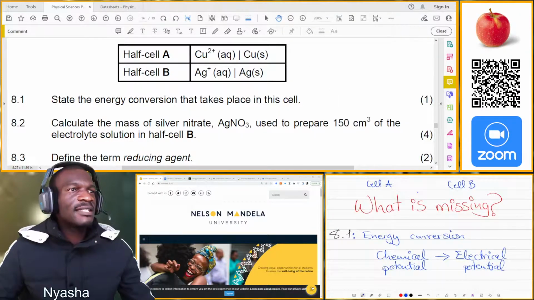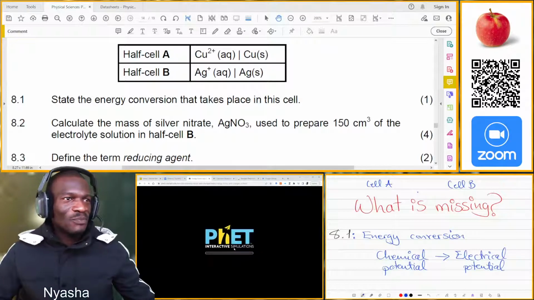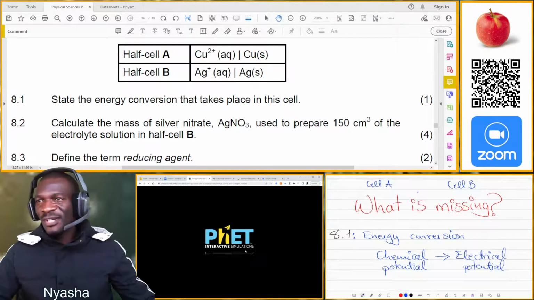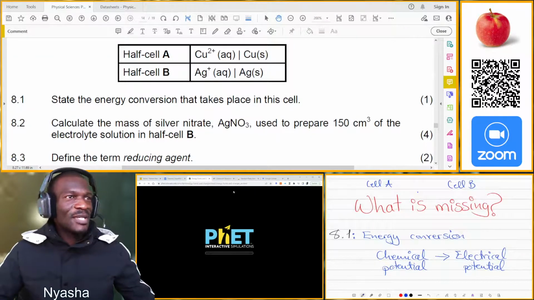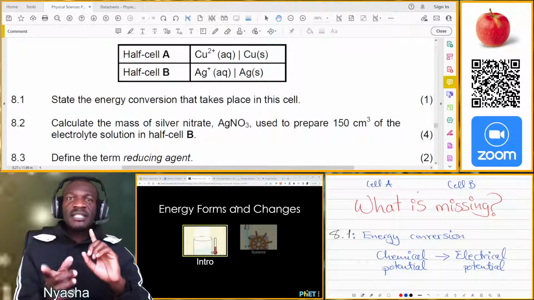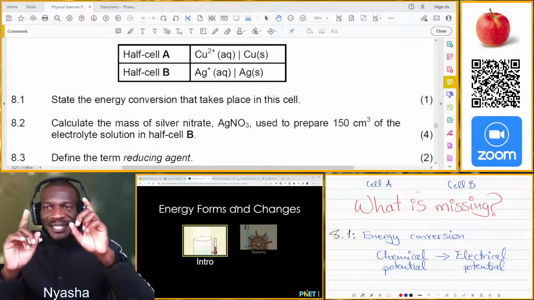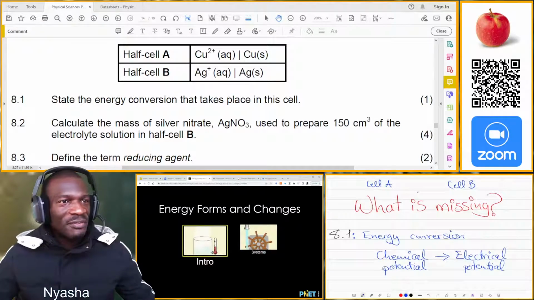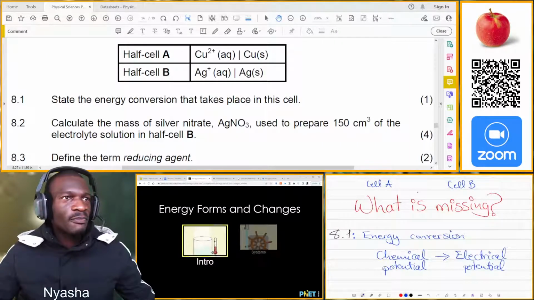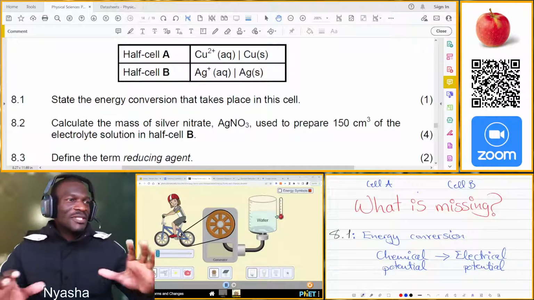So you can even see something like that in this interesting animation, let's just see if I can find it, on energy changes and forms. You can actually visit this link and see what's happening here. Energy is being converted in one of the cells. We are converting chemical energy to electrical energy. In the other cell, we were converting electrical energy to chemical energy when we were purifying some copper. So different systems will produce different types of energy.